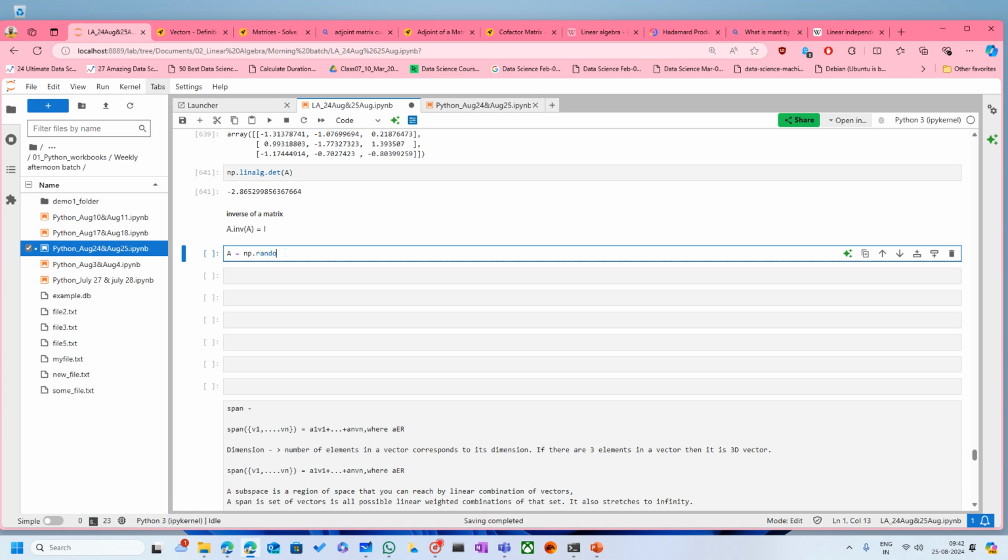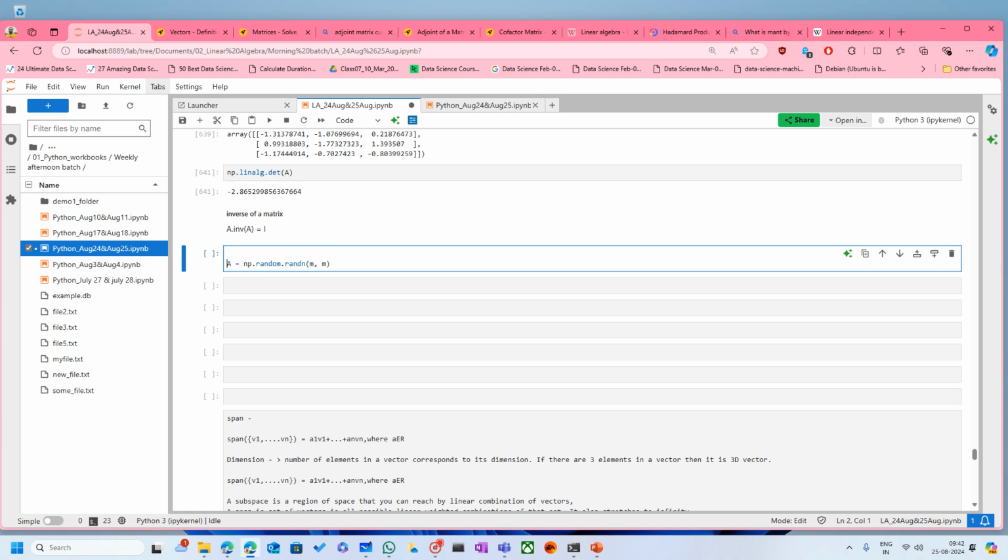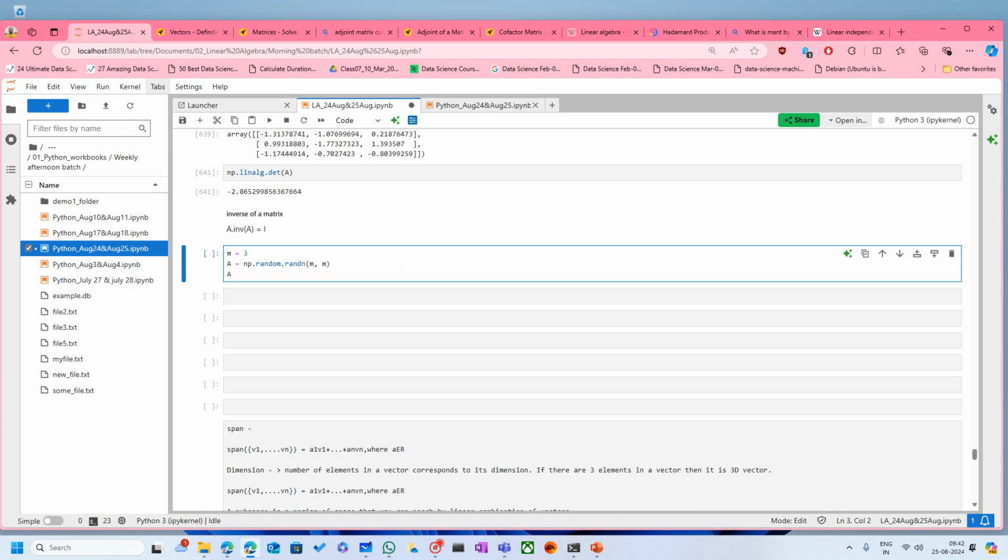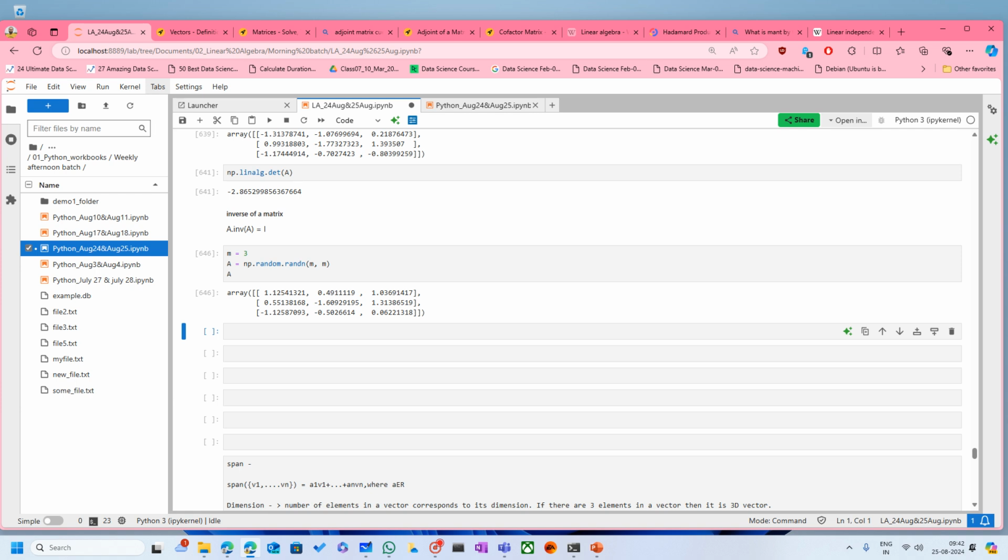np.random.randn of, let's just say, m comma m. I will supply a value. The reason why I'm writing m comma m is to tell you that the number of rows and columns I'm taking as equal. And if you calculate some A, here you'll get some matrix.